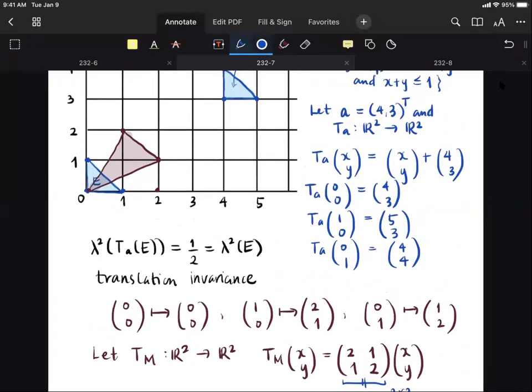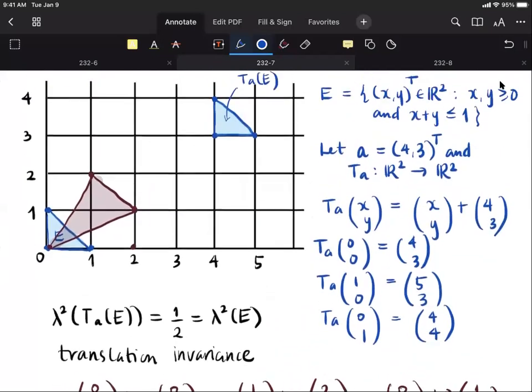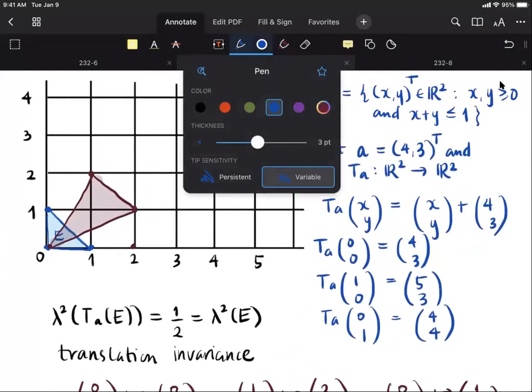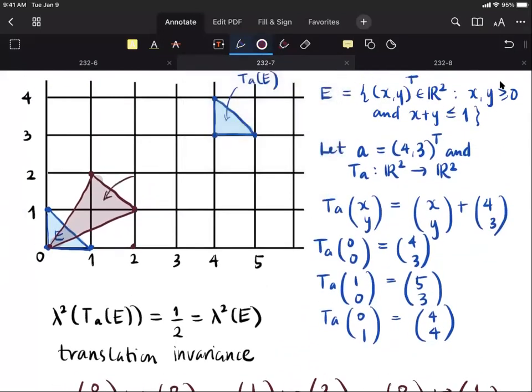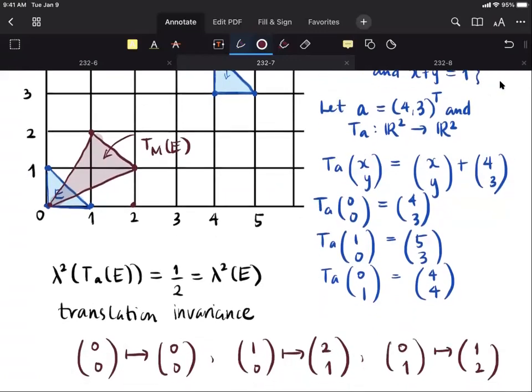And one can check that indeed this triangle here would be the image of your set, or your triangle E. So the image of a triangle under an affine transformation is also a triangle.